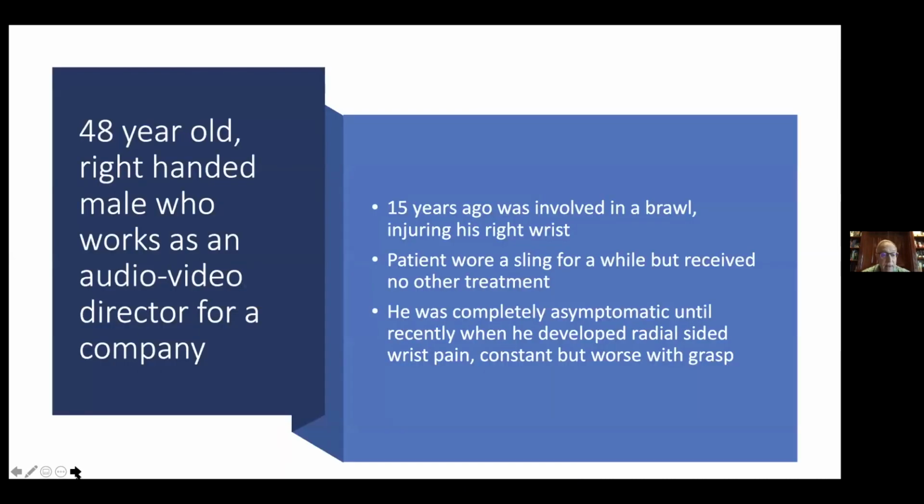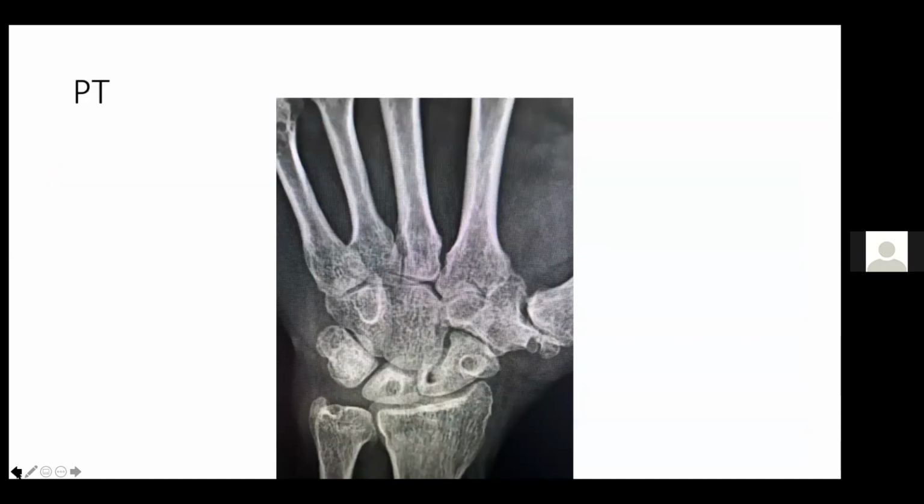Okay. Next case. This is a 48-year-old. Comment, Matt? Yeah. Hi, this is Nico. There are different ways to fix this, and I think the problem is in the long term, they all tend to fail. So I don't think there's a gold standard as to the treatment.